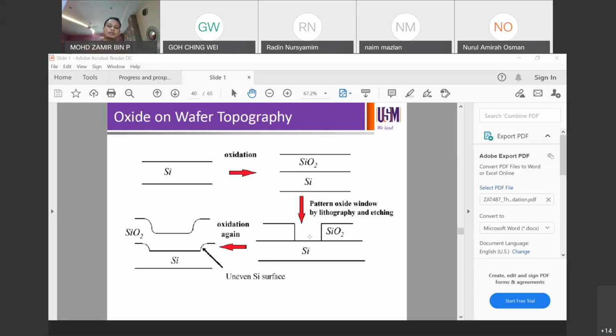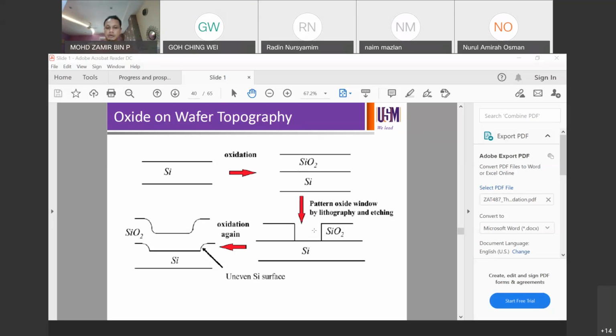So you're going to end up with a square shape, a pulse shape. What you have on the left and on the right is the oxide that you keep. The middle here is the oxide that you remove. How it's done, we're going to learn in the lithography and etching processes later on.